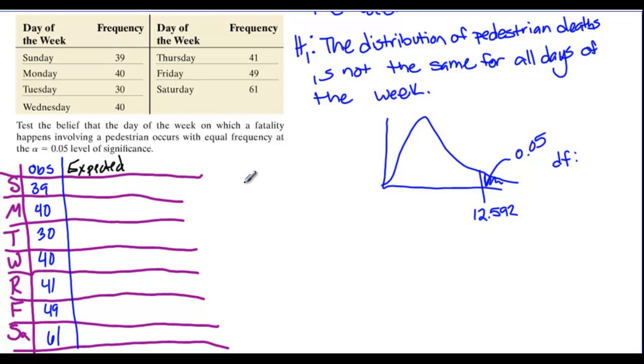So of our 300 deaths, we would expect them to be evenly distributed. We take that 300 and multiply times 1/7, the probability of 1/7, which is going to give us 42.86. This is going to be the same for every single one, so 42.86.